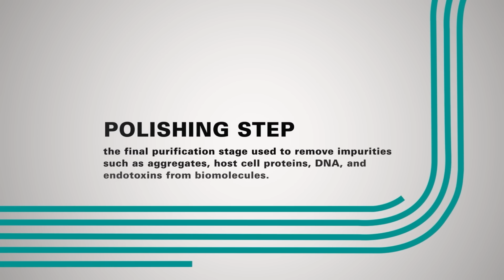In there, you have some impurities. That's what the polishing step is about. You want to polish the product of interest and increase its purity. For that reason, the term polishing is used. Most of the time, with polishing you increase the purity of the product of interest while you remove the impurities away from it.